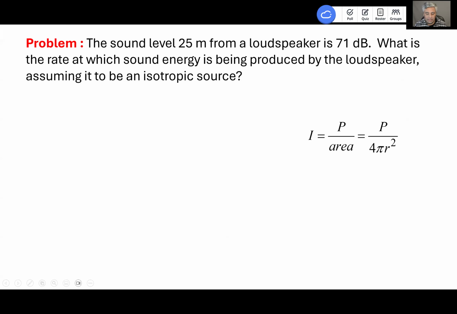So here is a related question. It says the sound level at 20 meters from a loudspeaker. So distance is given, and of course, remember, the intensity depends on the distance, which means loudness also depends on distance. The further we go, the loudness decreases just like intensity decreases.